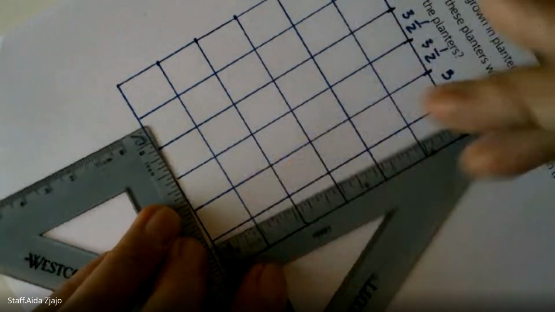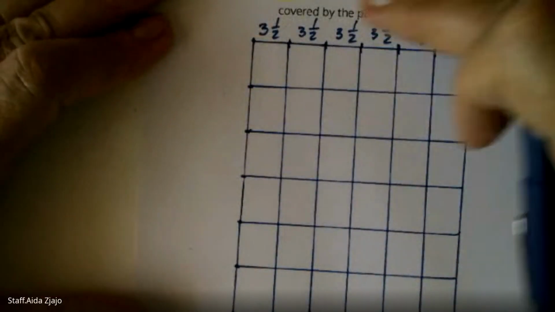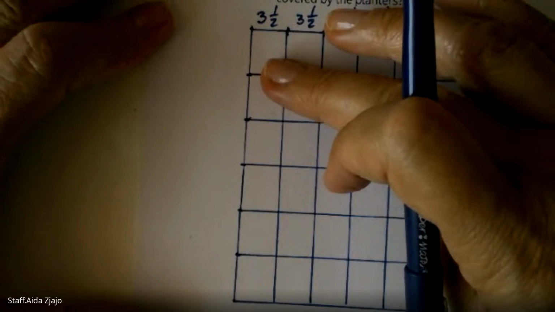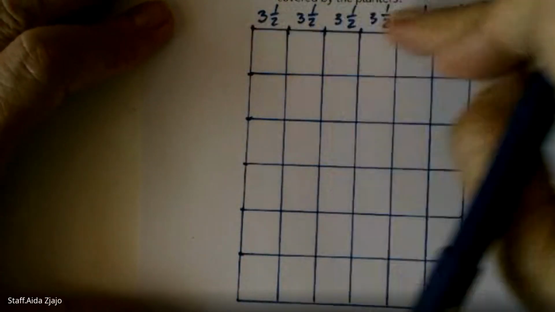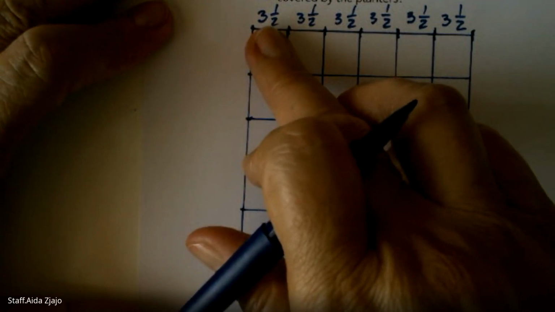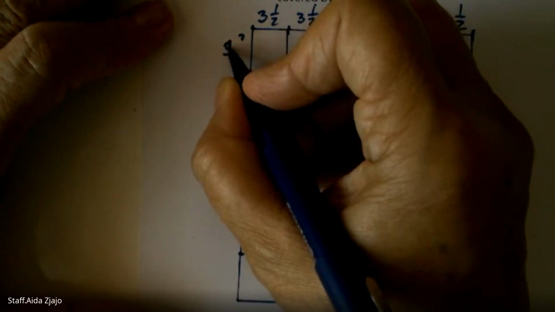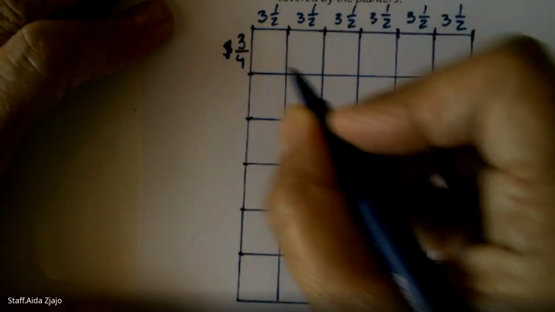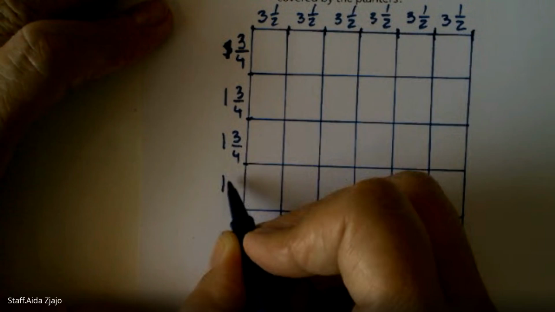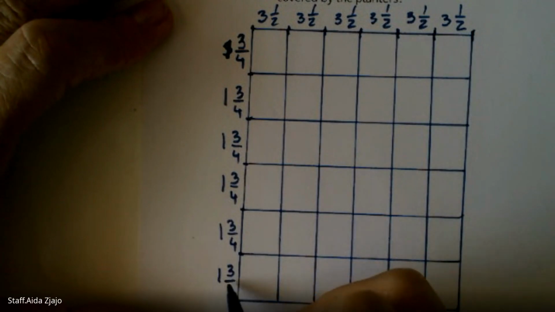So if we needed to find the area of each of the 36, we can do it 2 different ways. We can figure out how much is one rectangle area, or we can count the length and the width. The width was 3.5, and the length is 1 3/4 each. 1 3/4, 1 3/4, 1 3/4, and 1 3/4.